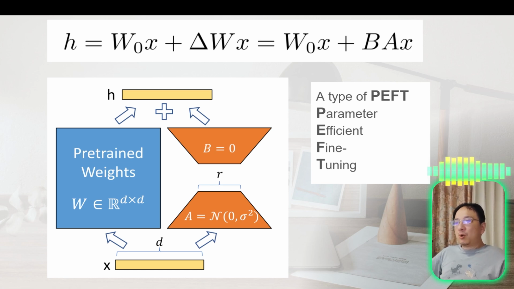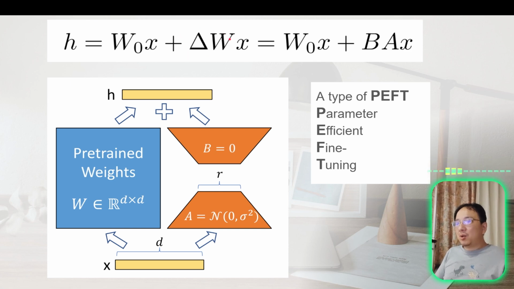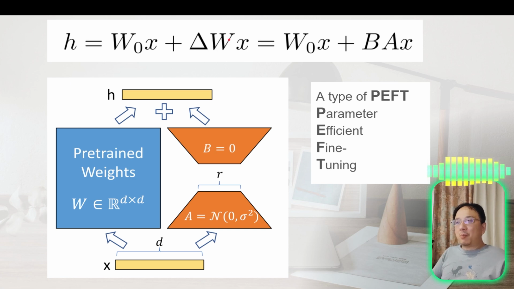There are many uses of the rank in different fields of computer science. So in this case, we assume the small difference, delta W, to be a low rank matrix. But how do we parameterize a low rank matrix? One way to do that is to decompose the matrix into a matrix multiplication of two matrices.